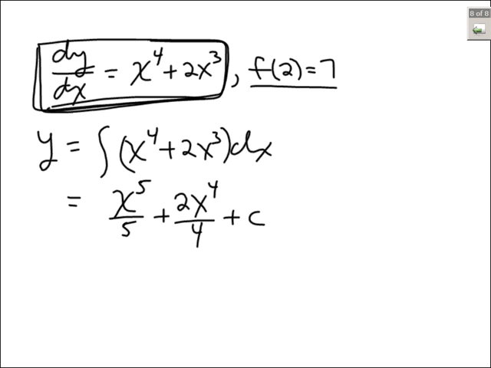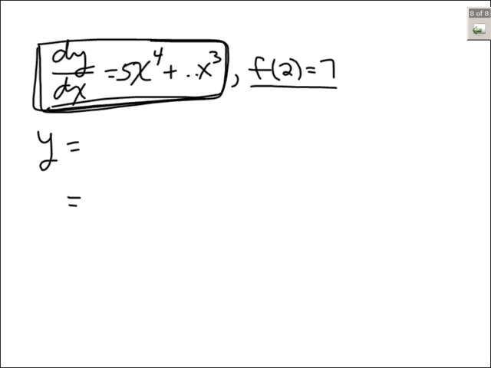Now, to make my life a little bit easier, I'm going to rewrite the problem, and I'm going to call the constant in front of the x to the 4th 5. So the 5's will cancel. And one other change. I could have done this before, but I didn't. So in fact, why don't we just redo this completely? And the constant in front of x cubed will be a multiple of 4, say 4.